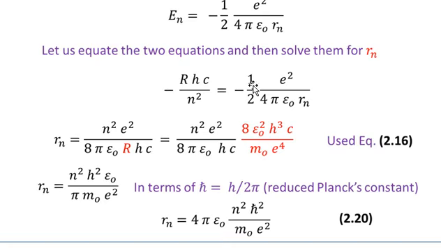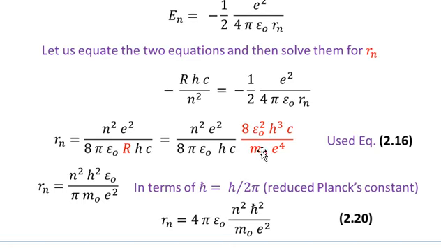In this expression, we want to solve for the value of Rn, with the rest of the parameters on the right hand side. So we have Rn is equal to n square e square divided by 8 pi epsilon naught times capital R times h and c, where R is the Rydberg constant. Again, using the value of R from equation number 16, since the value of 1 over R is shown in red over here, we have this expression.